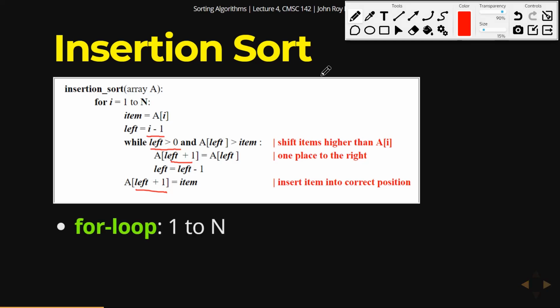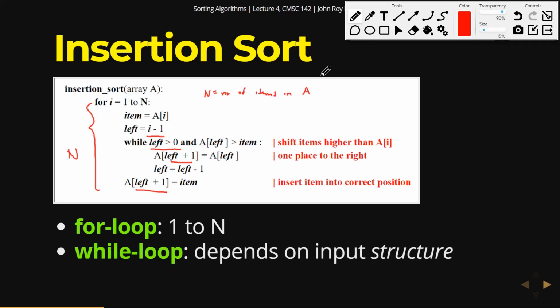Okay, so for the analysis, the outer for loop still runs n times, because again you're going from i from 1 to n, assuming n is the number of items in the array A. The inner while loop actually depends on the input structure, because we don't know how many times it would traverse to the left.